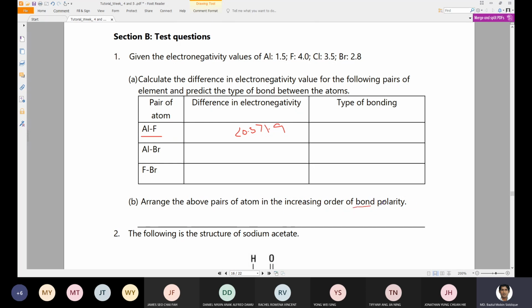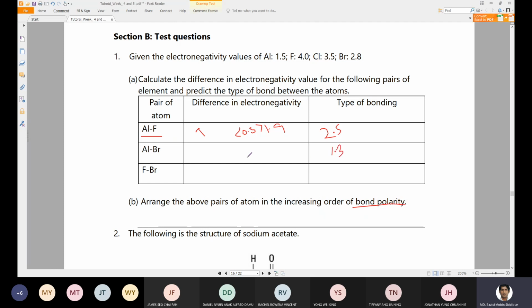It says the bond polarity where the polarity is increasing. So polarity is increasing from here. It will be ionic bonding, where the difference is more. This is 2.5, the difference 2.5, and the other one is 1.3.